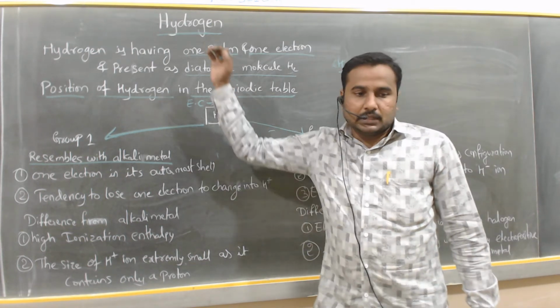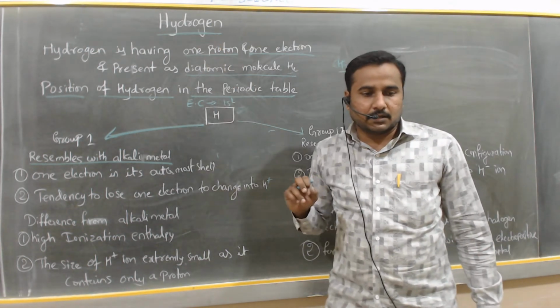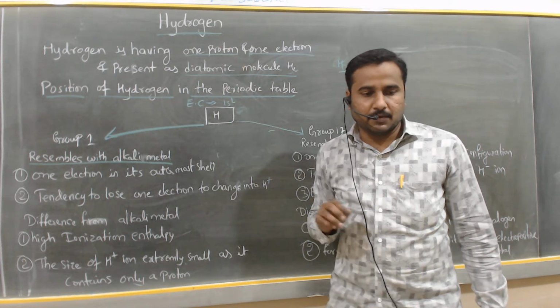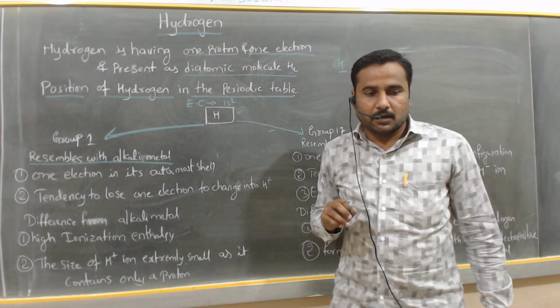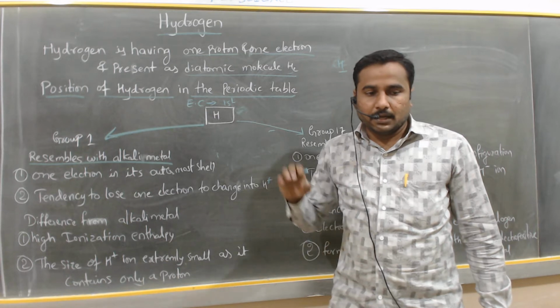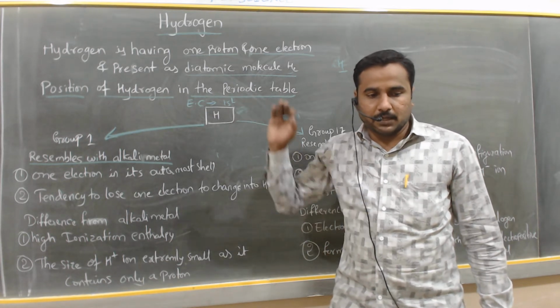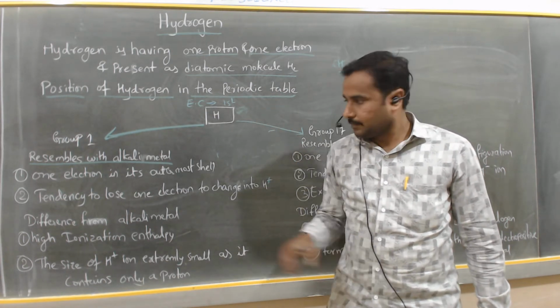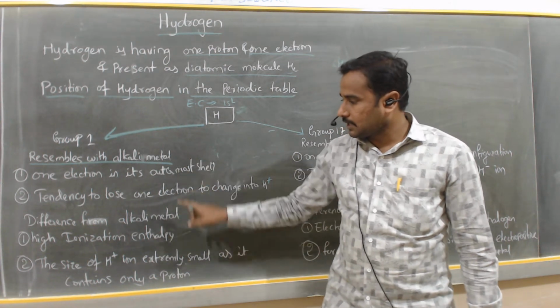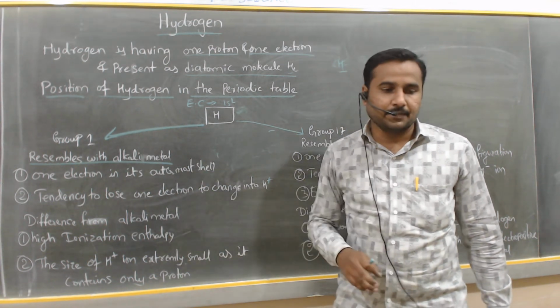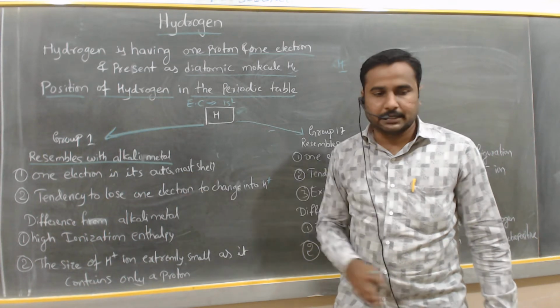Already you studied in the classification of elements that the ionization enthalpy decreases from top to bottom. Because of that, the ionization enthalpy is high for hydrogen.